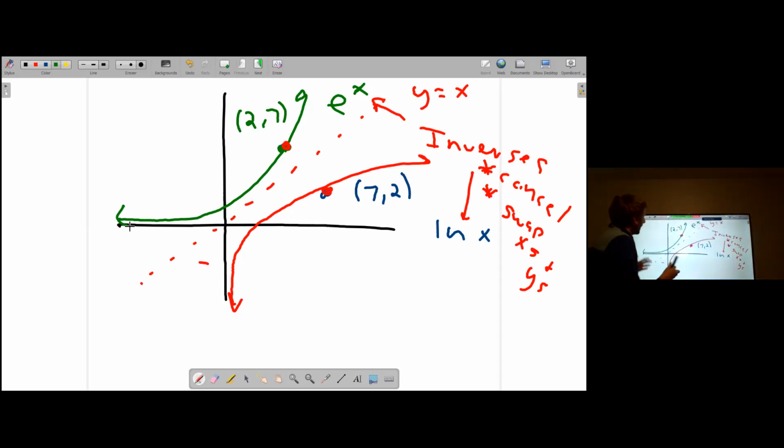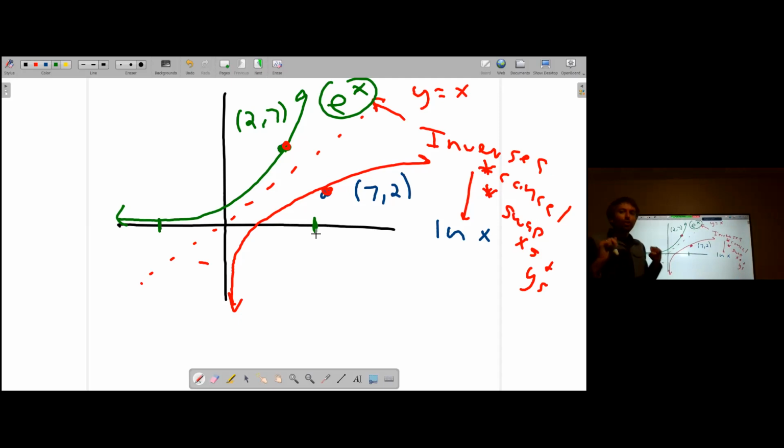And e to the x is really nice, you can basically type in anything. But you only get positive values out of it. So you can plug in negative values of x. You can plug in positive values of x, and either way you get a positive value in the end as an output.